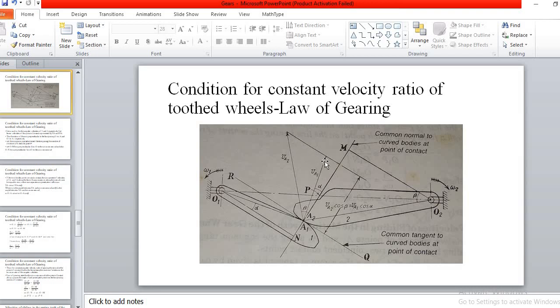This line represents the sine term, for the small triangle and for this larger triangle. These lines represent the sine terms: VA1 sin alpha and VA2 sin beta.